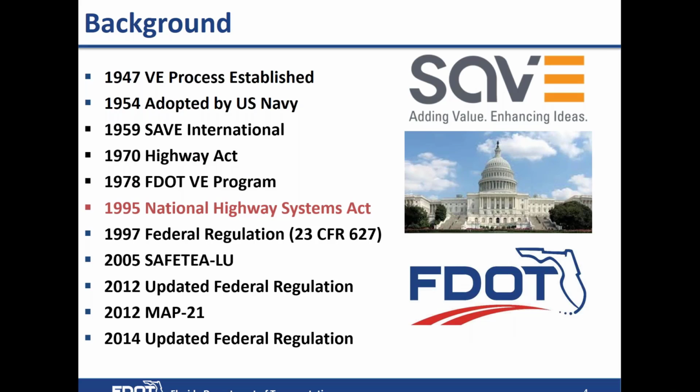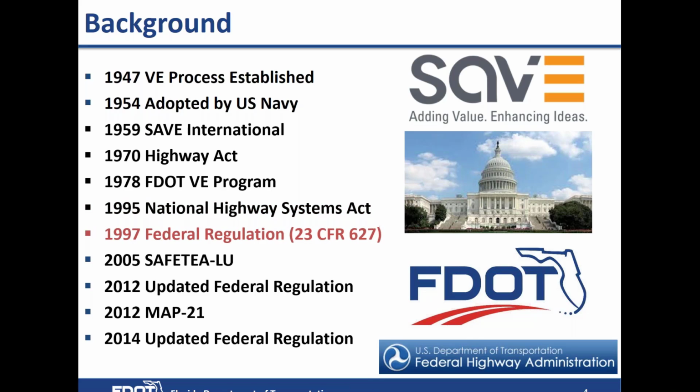It first came in as a requirement in the 1995 National Highway Systems Act, which was a mandate that required the states to study certain projects. That act was put into effect with the federal regulation, which is 23 CFR 627. And then that regulation, or the law actually, was modified with Safety Lieu.